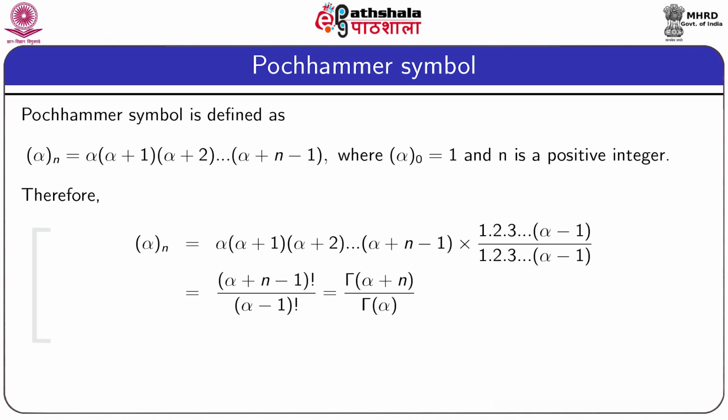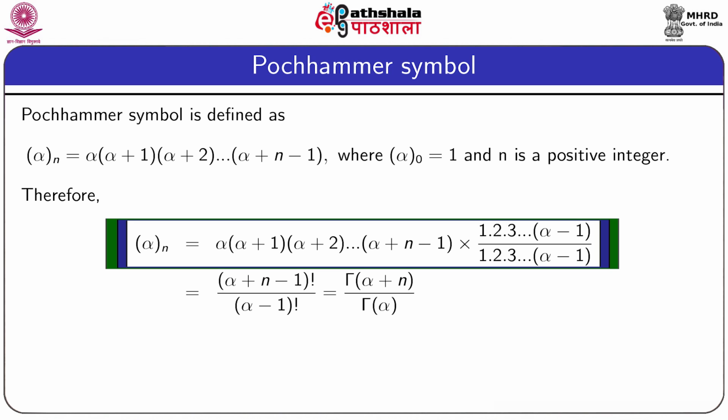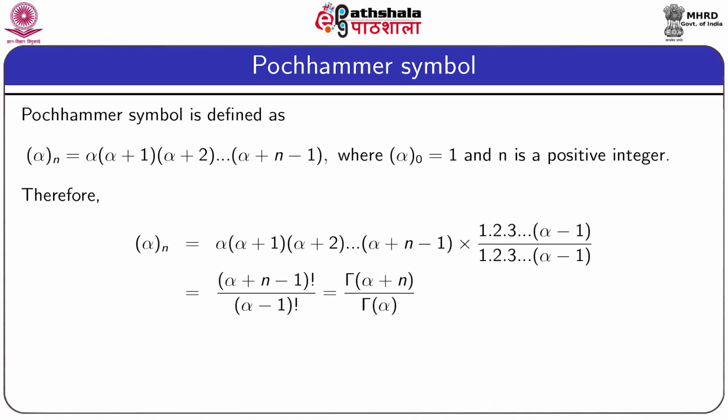We can simplify this by multiplying both numerator and denominator by 1, 2, 3 dot dot alpha minus 1, and if you do that, we will get alpha plus n minus 1 factorial divided by alpha minus 1 factorial, and this can be expressed as gamma function alpha plus n divided by gamma alpha.